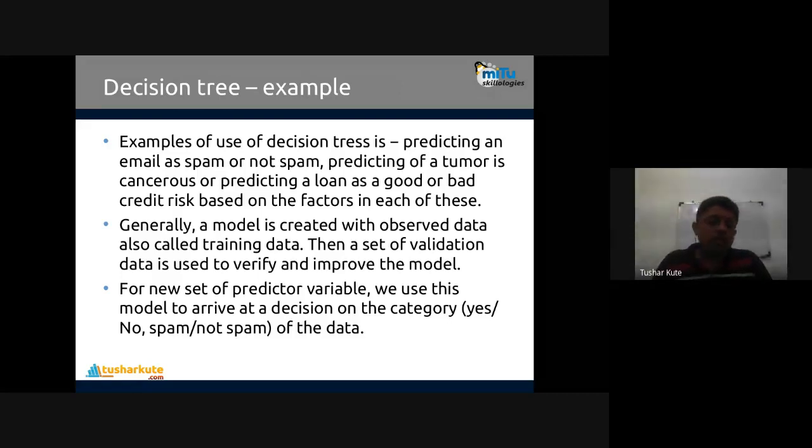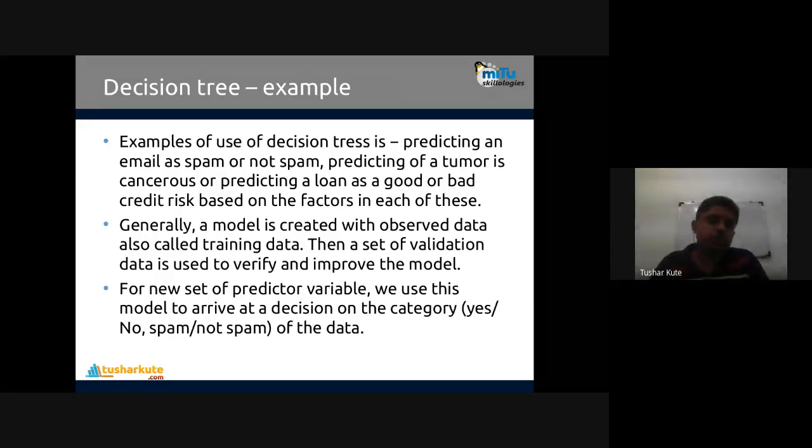Or we can predict whether a tumor is cancerous or not. A tumor is detected in the body, and you have to identify whether that tumor is cancerous or not. Or we can predict a loan as a good or bad credit risk based on the factors of each customer.